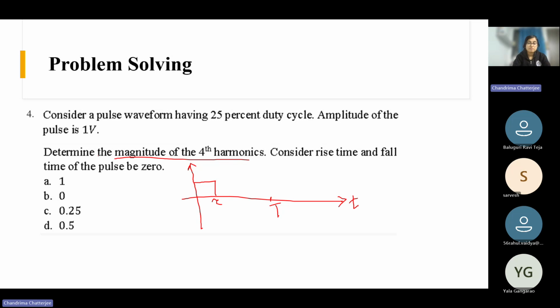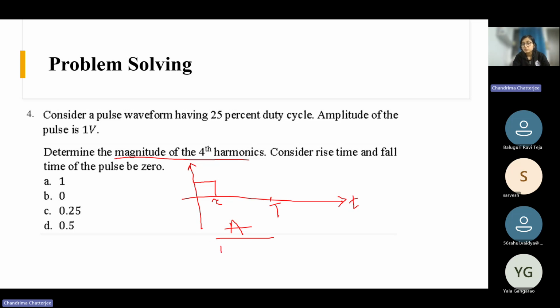Now just apply that same approach, differentiate it. We will get the positive pulses and the negative pulses, right? So the same way we can get A by... you remember that if it would have been a 50% duty ratio waveform, then readily we will go with this answer, option B. But this is not a symmetric waveform because the duty ratio is 25%.